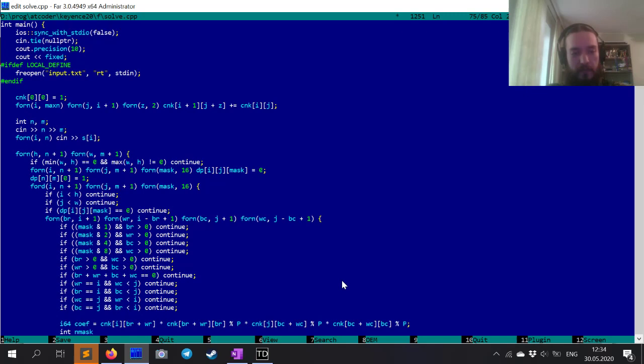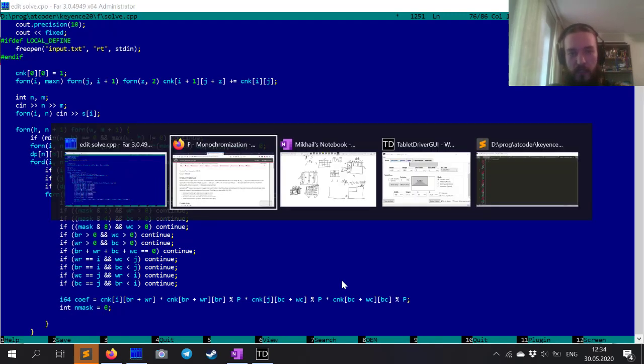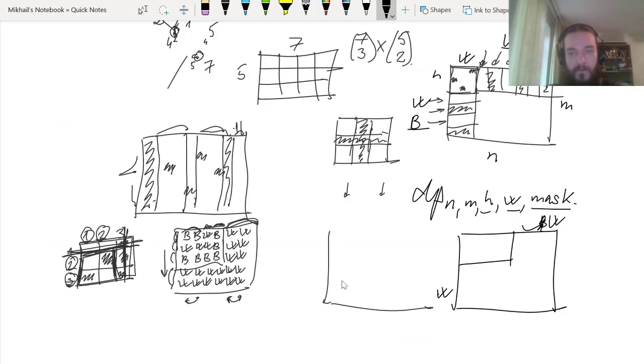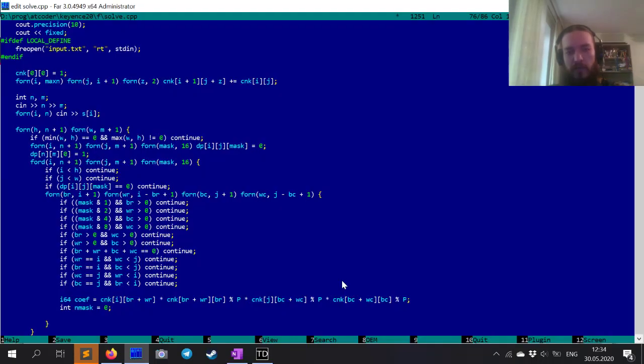Okay, so this is our coefficient. The only other thing that we need to figure out is the new mask. What are the new constraints? And we have kind of figured this out, maybe. So if we have only erased rows, so we haven't erased any columns, then the mask should forbid us to erase the rows on the next step.